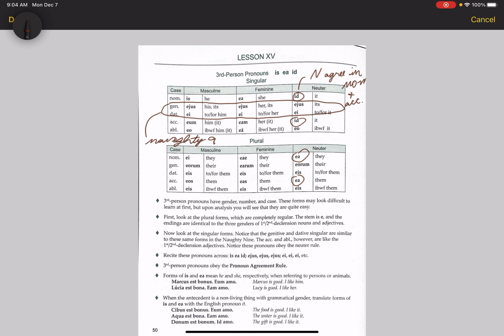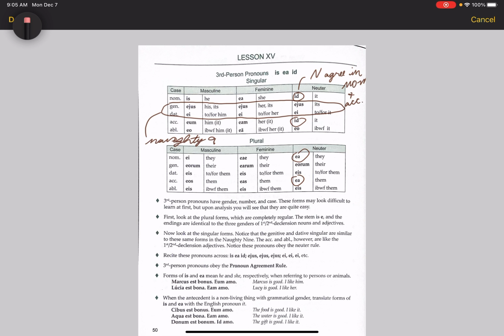Third person pronouns have gender, number, and case. Their forms may look difficult to learn, but on analysis you see that they're easy. We first looked at the plural forms, which are completely regular. The stem is the letter E, and the endings are identical to the three genders of the first and second declension nouns and adjectives.